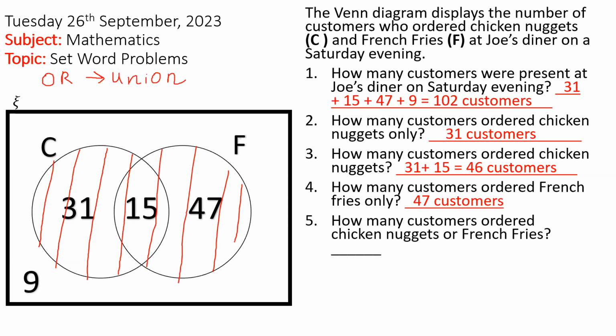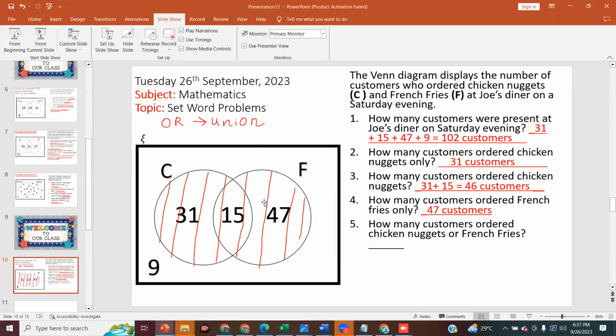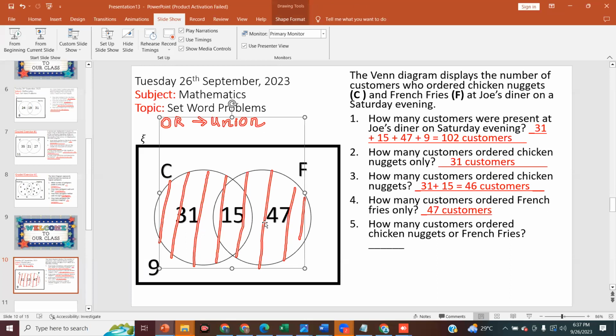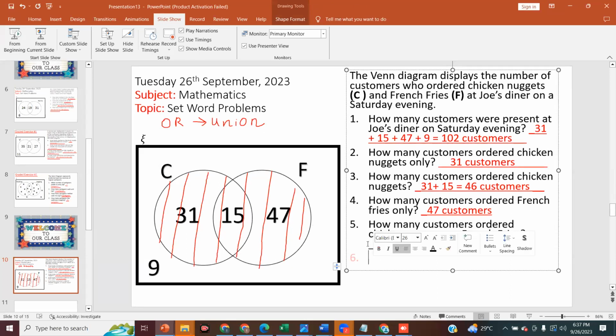So when we say or in mathematics, we mean one, the other, or both. So or means the union. So we're talking about all together. So the answer is not 15. It's going to be, what do we have? 31 plus 15 plus 47. And so the answer is going to be what? 93. Okay. 93 customers.